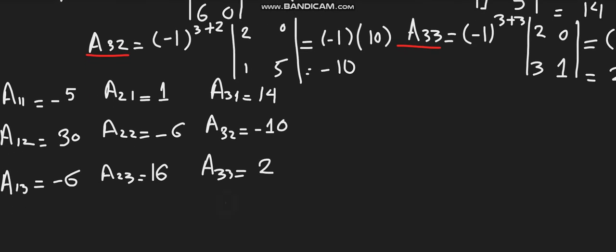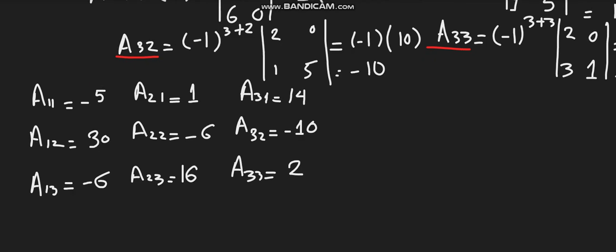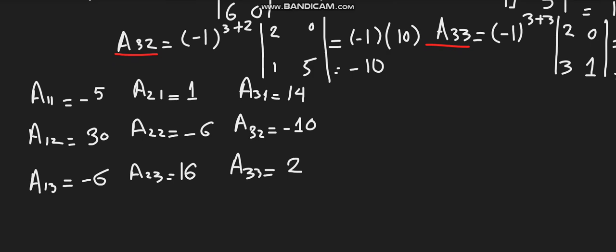I have written all these determined values over here, and now we will substitute these values in the matrix, and these were the rows basically.